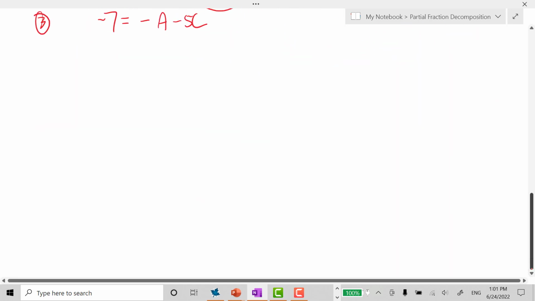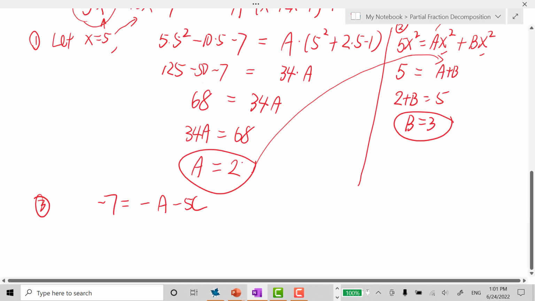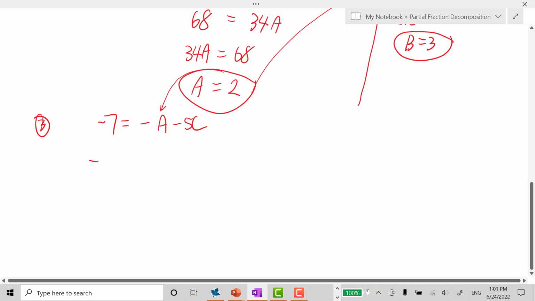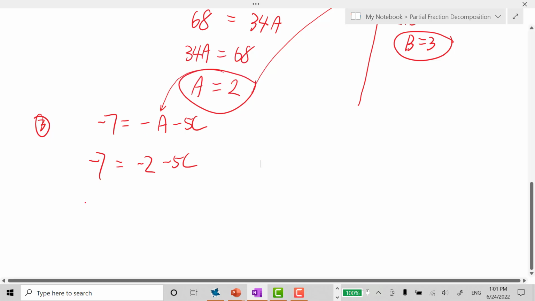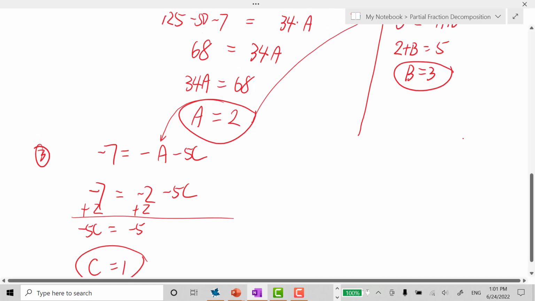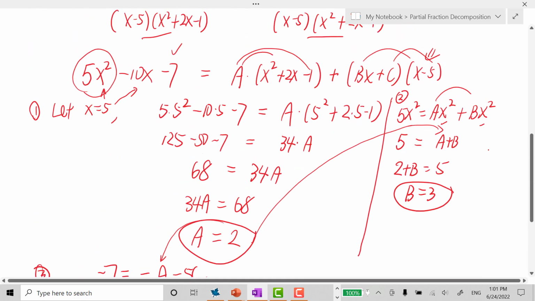Now if we know a is 2, we can figure out the c value. -7 equals -2 minus 5c, and adding 2 to both sides, we simplify this expression. We know -5c equals -5. Now dividing both sides by -5, c equals 1. So now we have found a, b, and c, all three numbers.